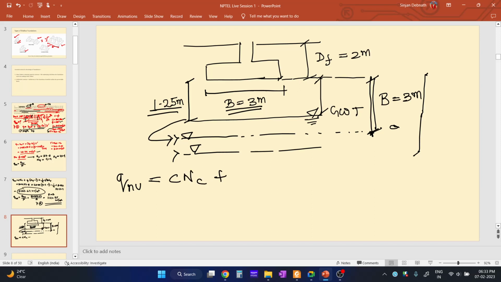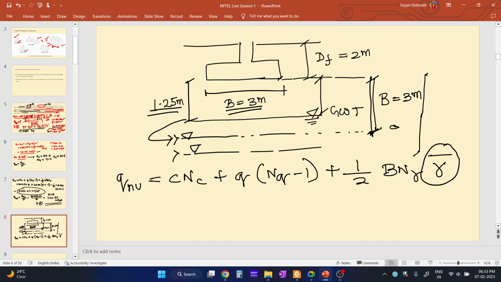The formula is cNc plus q(Nq minus 1) plus half B gamma. Now here it will be gamma dash. We will incorporate the effect of the groundwater table using this gamma dash.